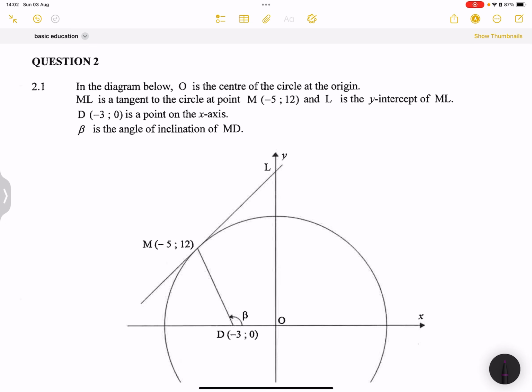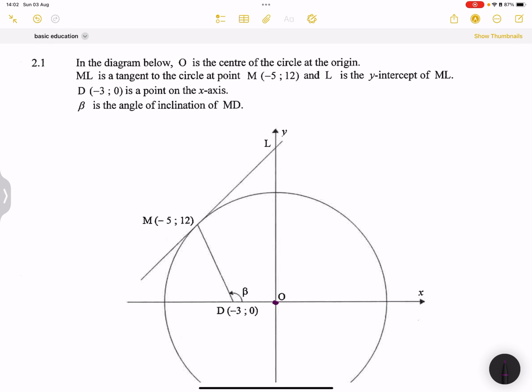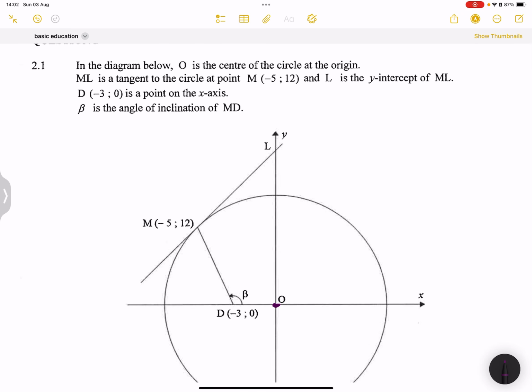They say in the diagram below, O is the center of the circle, at the origin. There's our center over there. They say ML is a tangent to the circle at point M, which is (-5; 12). So that's that point over there.